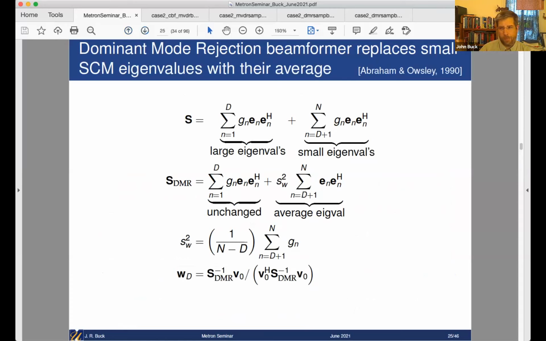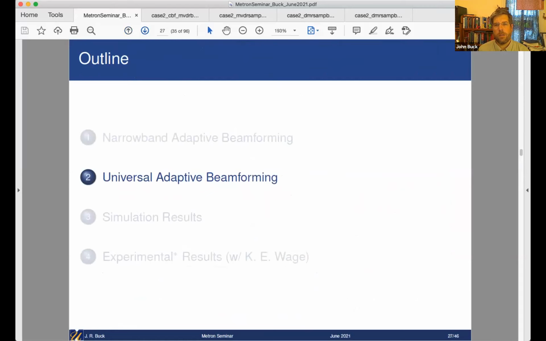There's a little bit of a mathematical footnote to that, which I'm mentioning because Roy's here and I don't want to get lost in that alley. But most of the time, what you're saying is how many interferers are here, and I need to know that somehow to find the right value to get this to perform. And so I've got a model order problem here, and that's what gets us into the universal adaptive beamforming.